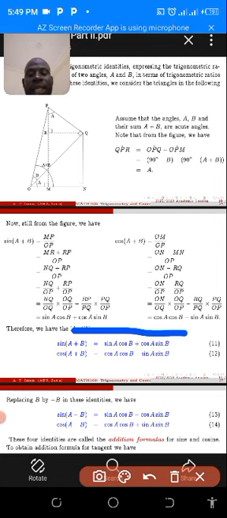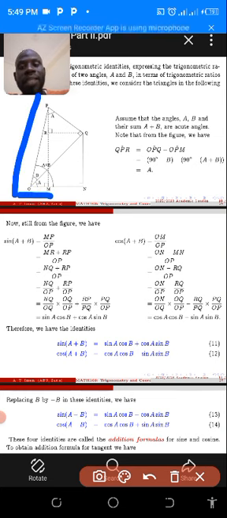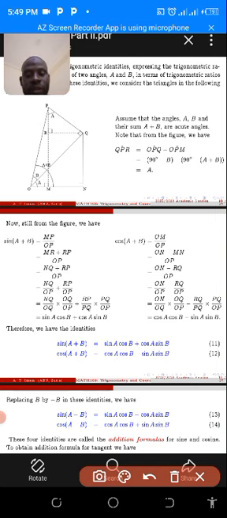Similarly, if you look at the right-hand side, cos of A plus B equals OM over OP. Where is OM? This is the line OM over the line OP, and that is adjacent over hypotenuse, which equals cos of A plus B. But ON minus MN is the same thing as OM.